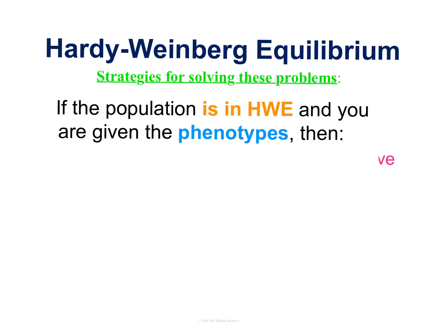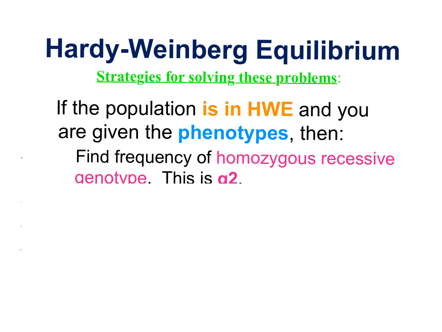The last 2 slides we're going to talk about here are just some strategies for helping you solve Hardy-Weinberg equilibrium equations. So if our population is in Hardy-Weinberg equilibrium and you are given the phenotypes, so we are getting so many are yellow, so many are red, that's the phenotypes, we are first going to want to find the frequency of our homozygous recessive genotype.